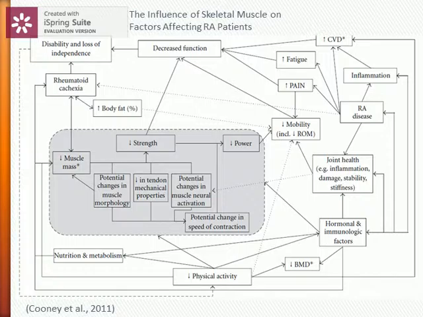At the moment, with cardiovascular disease and reduced function and inflammation and pain and fatigue, it's all just a negative cycle. So by putting exercise in there instead of cardiovascular disease, you'd be able to change all of these components around to a positive.